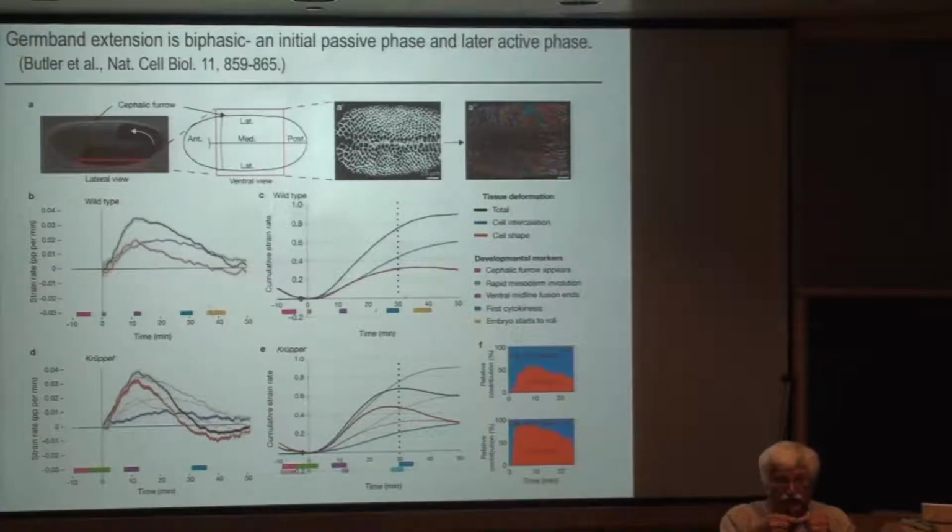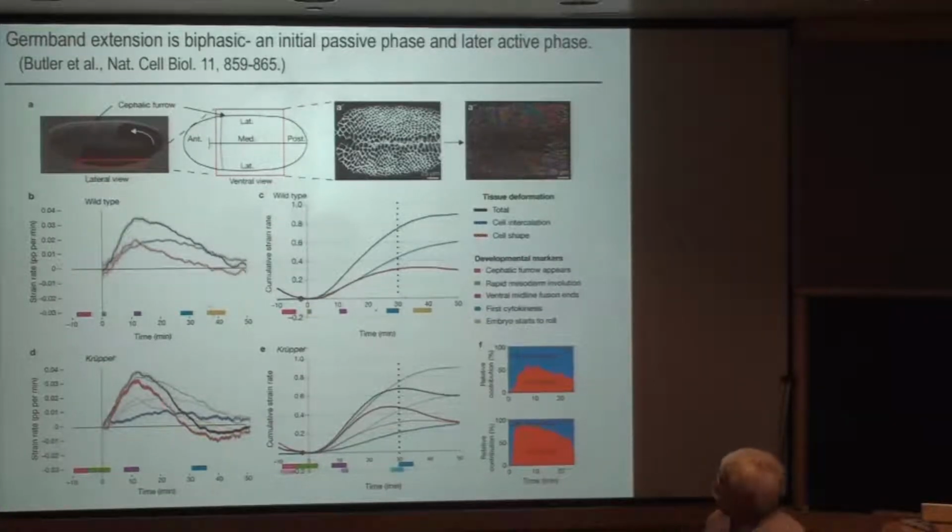And then they found that the early fast phase, instead of just being cell intercalation, the cells were elongating. And they weren't being compressed from the side, they were being stretched. And so then they perturbed both the cephalic furrow formation and mesoderm formation on the inside to ask the question, those are the two other potential things that could be an external force added to this. And they found out that it's probably the mesoderm. So the mesoderm goes in, converges and extends and stretches the outside.